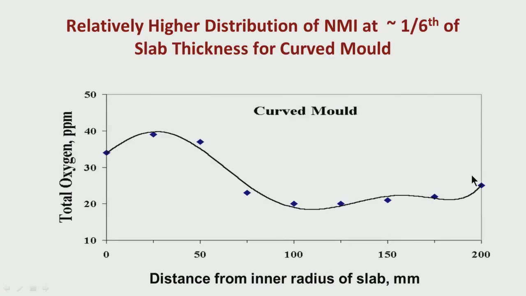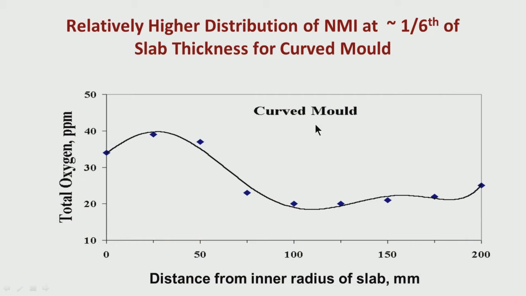Now, look at a curved mold situation. You find the same 200 millimeter slab, but the slab has been cast in a curved mold, unlike in the earlier situation where it was a vertical mold.